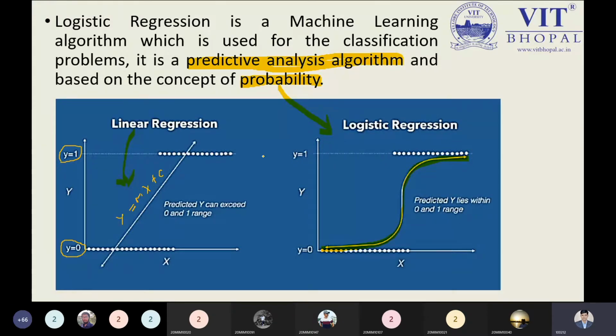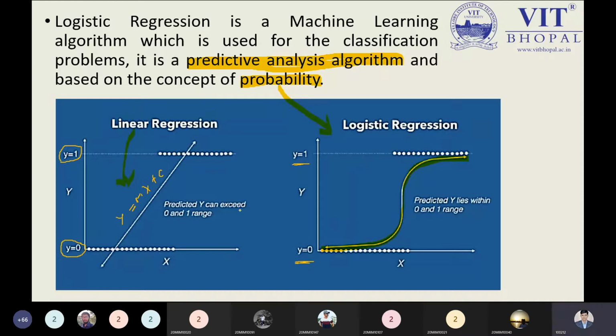So the prediction analysis algorithm will use the probability concept. When we have the range of the data from 0 to 1, it means that the information will be represented by some probability.